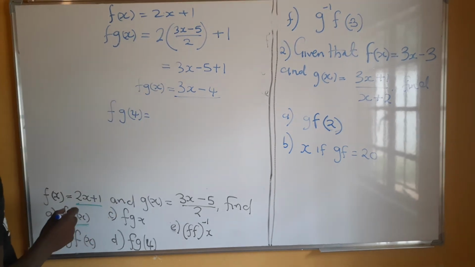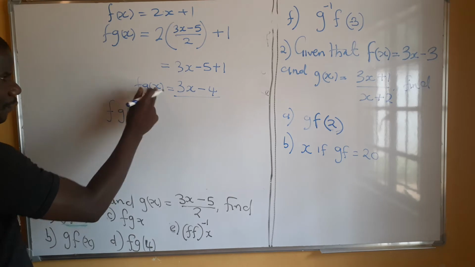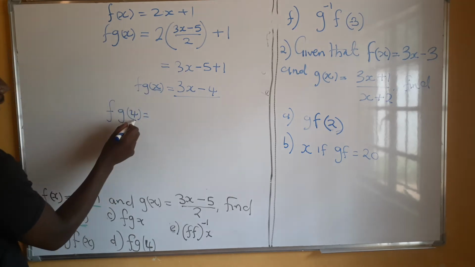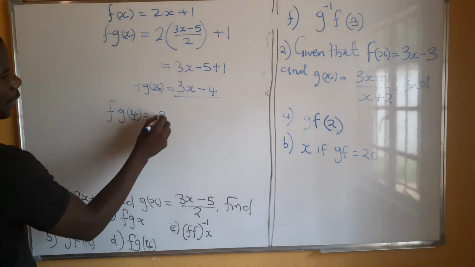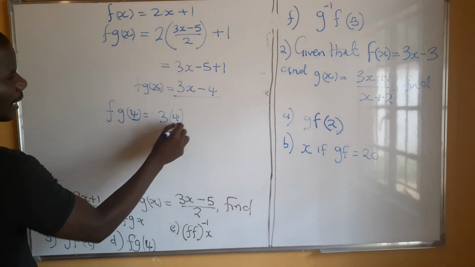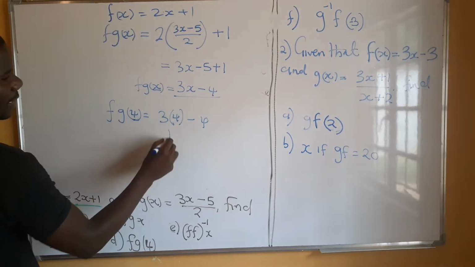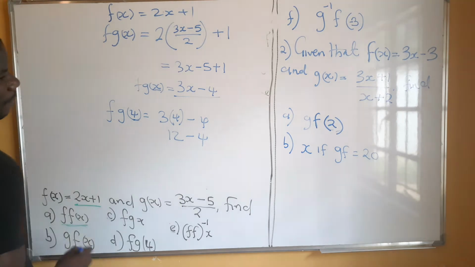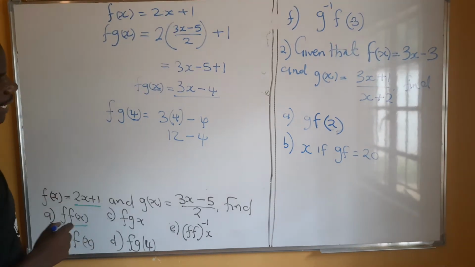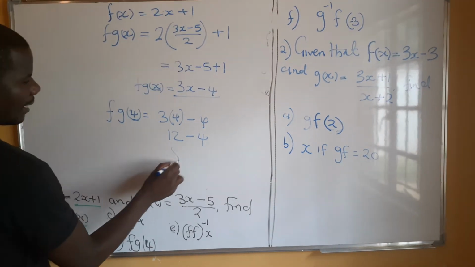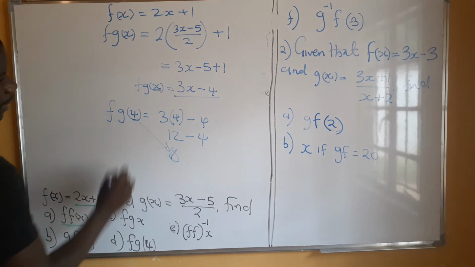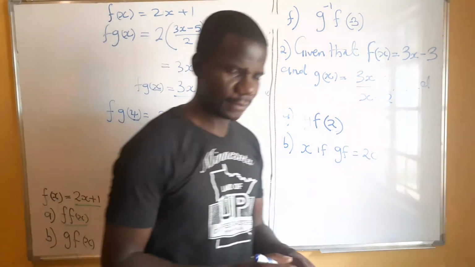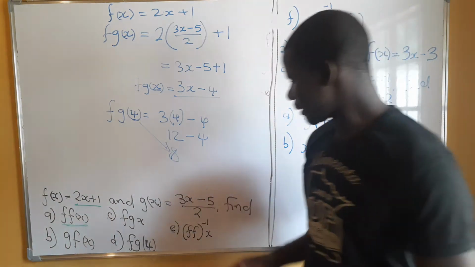This was the answer. But then we need to proceed again from this one. Where there is x, what have we put? Now we have 4. So meaning we need to proceed, even this side we have 4 here, minus 4. This gives us 12 minus 4. So what are we getting? We are going to get 8. Are we together? This gives us 8.